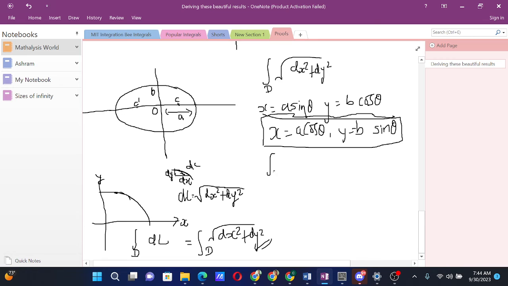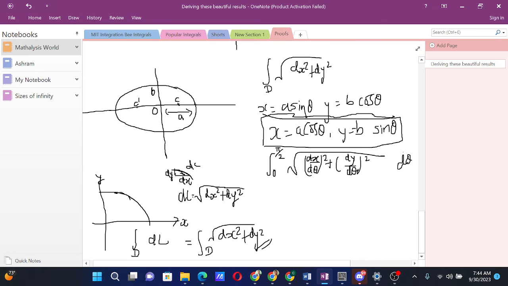So the integral from 0 to pi by 2 of the root of (dx by d theta) whole square plus (dy by d theta) whole square, times d theta.